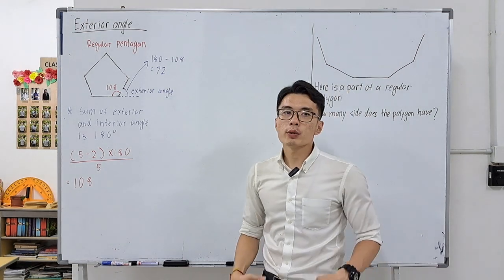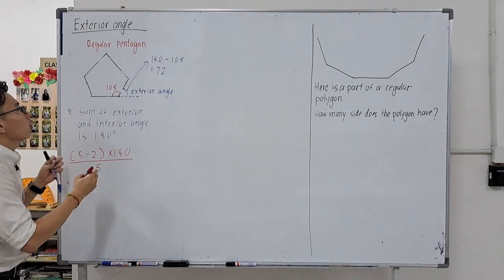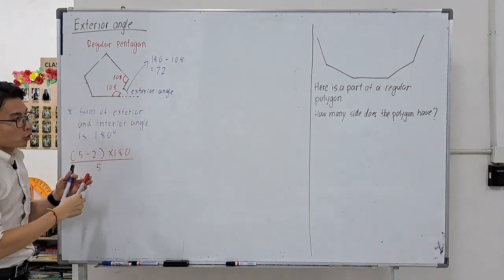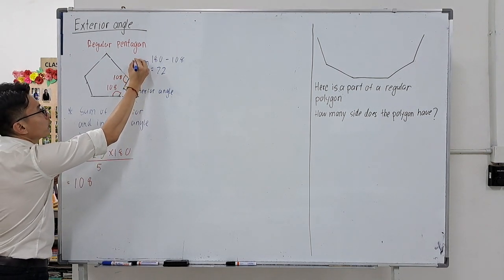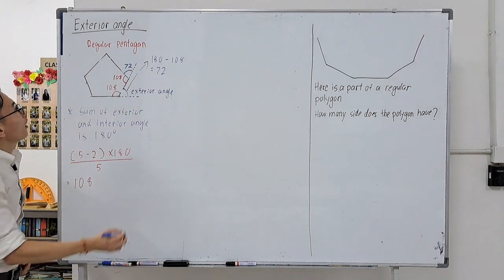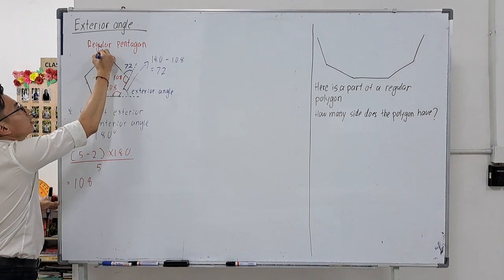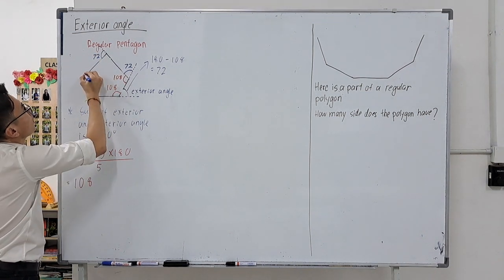Okay? Since we are dealing with a regular pentagon, they should have all the same interior angle. This should be 108. Which means that the exterior angle over here is also equal to 72. And all the sides over here will be 72 as well.